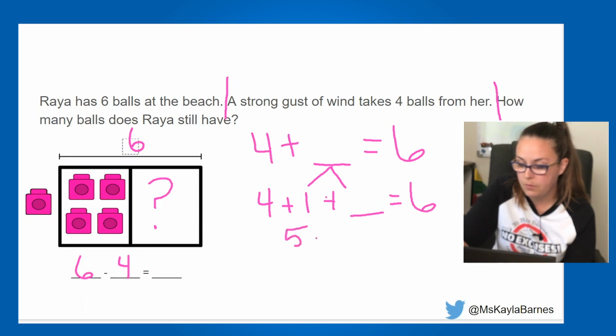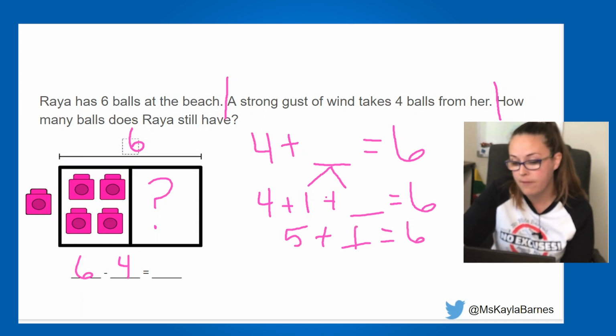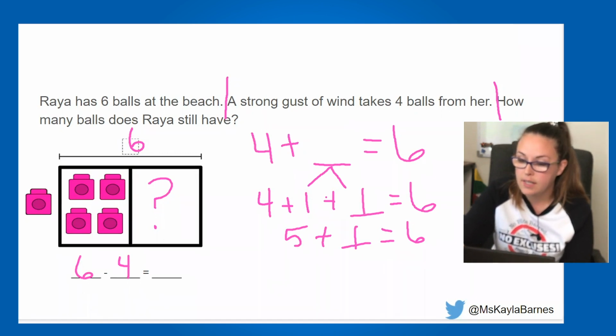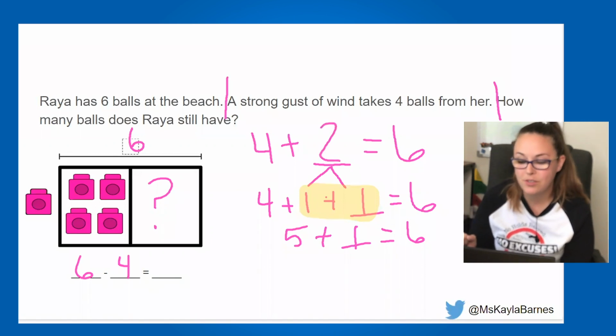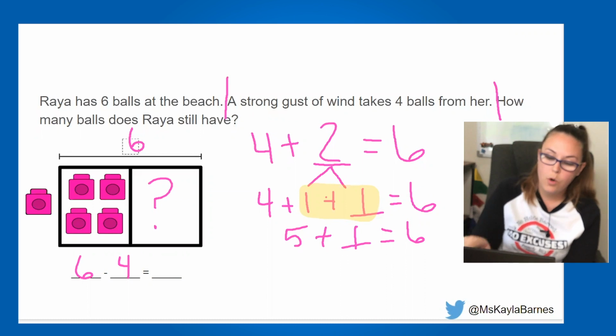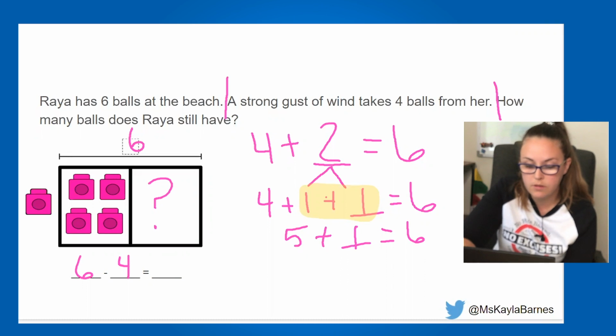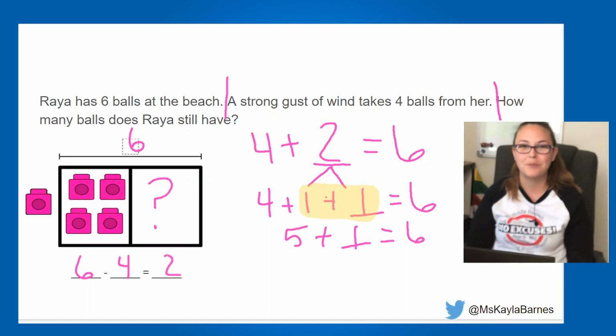So this is 5 plus something equals 6. And I know that 5 plus 1 equals 6, which also means that 4 plus 1 plus 1 equals 6. And I know that this piece in the middle, 1 plus 1, equals 2. So 4 plus 2 equals 6. So going back to our subtraction problem, 6 minus 4 equals, and now we know that that equals 2.